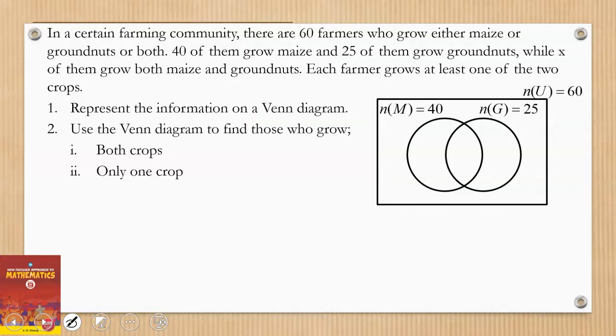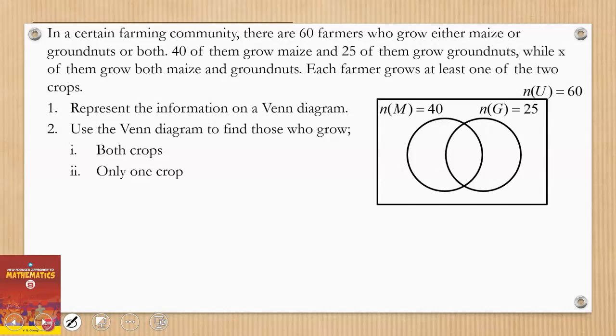In a certain farming community, there are 60 farmers who grow either maize or groundnut or both. 40 of them grow maize and 25 of them grow groundnut, while X of them grow both maize and groundnut. Each farmer grows at least one of the two crops. What does that mean? It means there wouldn't be any complement.